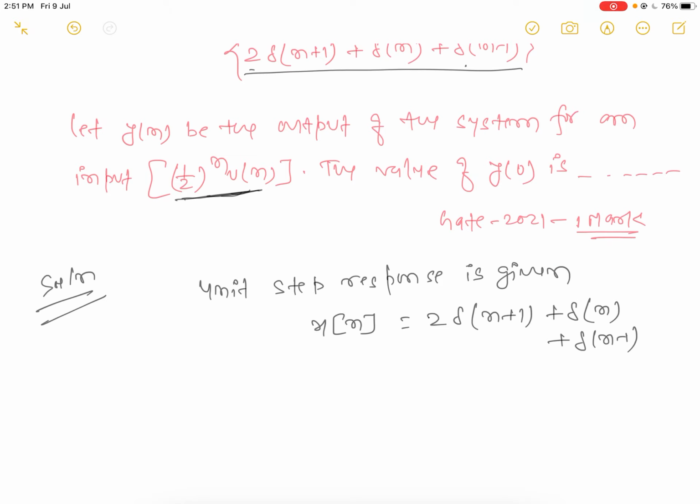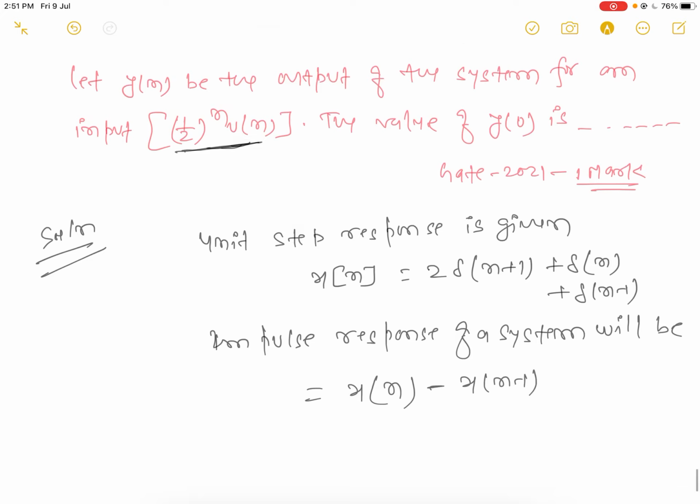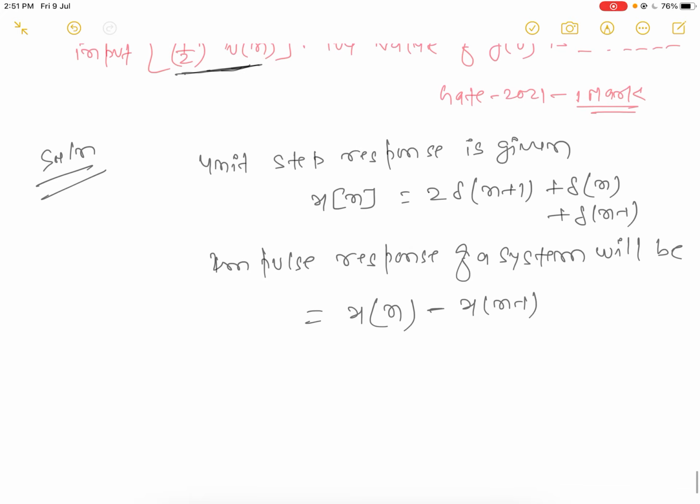So the impulse response of the system will be x[n] minus x[n minus 1].